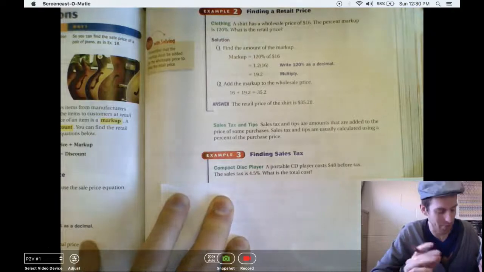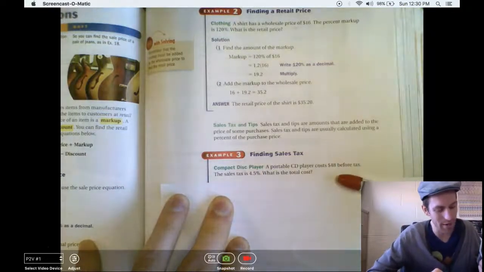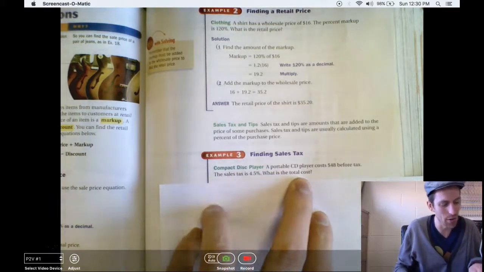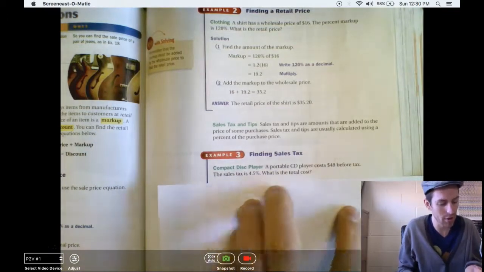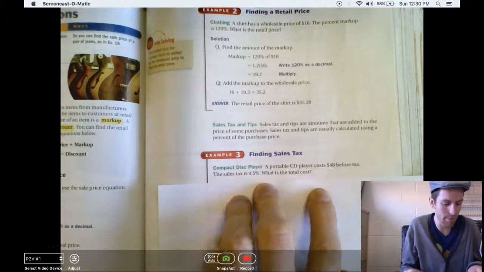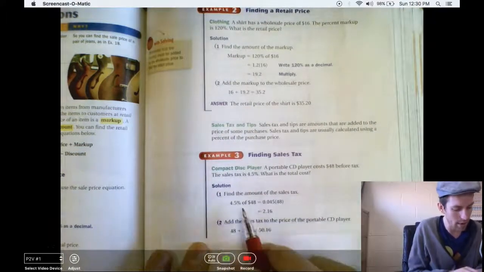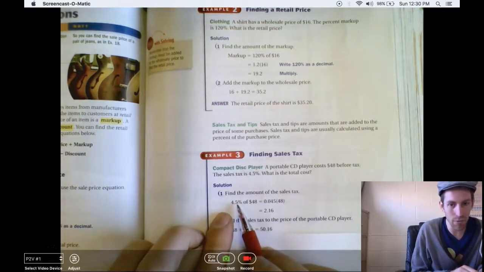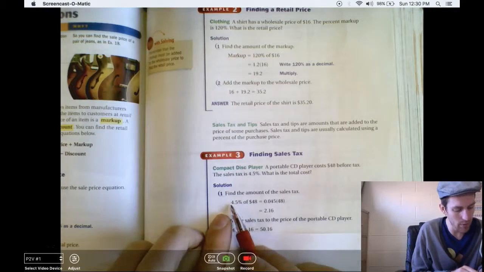All right, a phone, we'll say, costs $48 before tax. The sales tax is 4.5%. What is the total cost? Well, you're going to take 4.5% of 48, add it on top, right? And they're going to do that here. 4.5% of 48. Decimal form, remember, 2 decimal places.